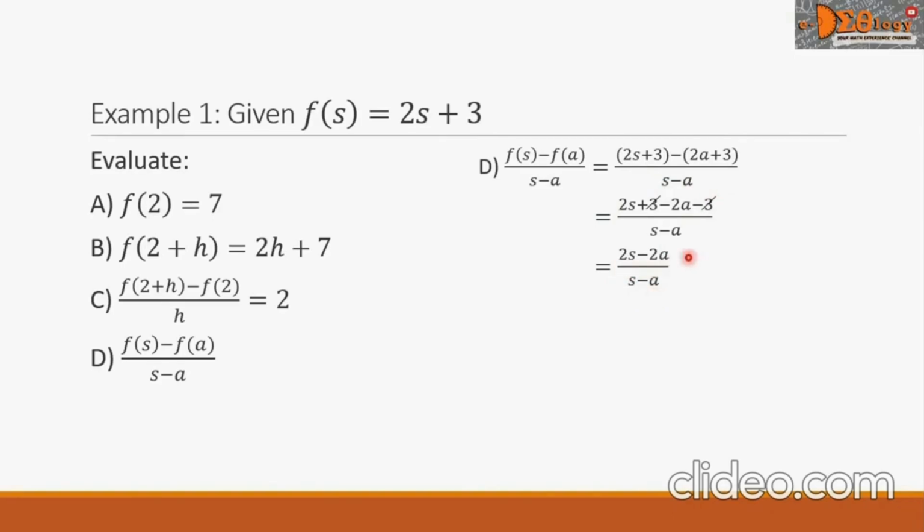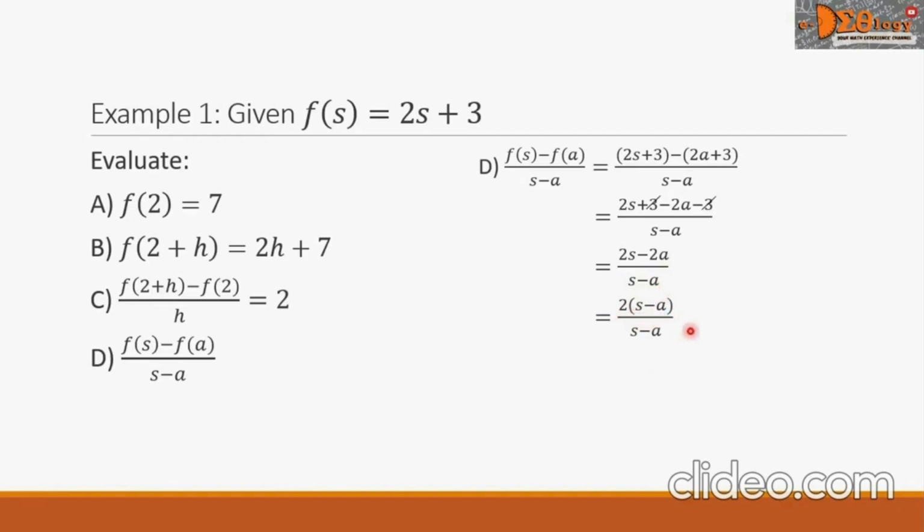In the numerator, there is a common factor which is 2, and we can factor it out. So the number 2 is factored out, then multiplied by the s minus a. This s minus a has a counterpart in the denominator, which is s minus a also.